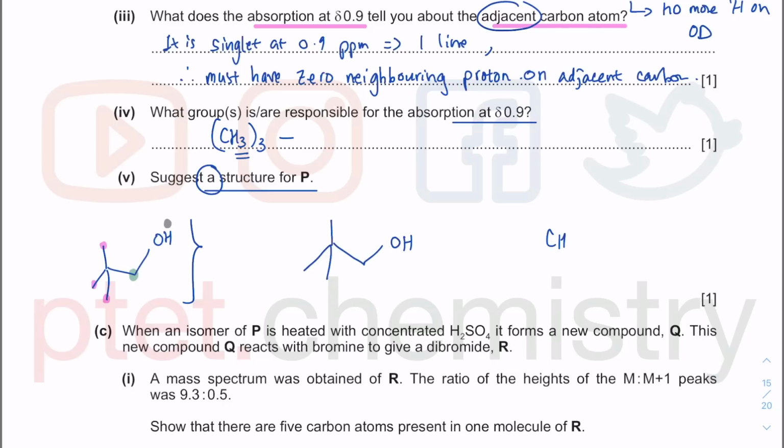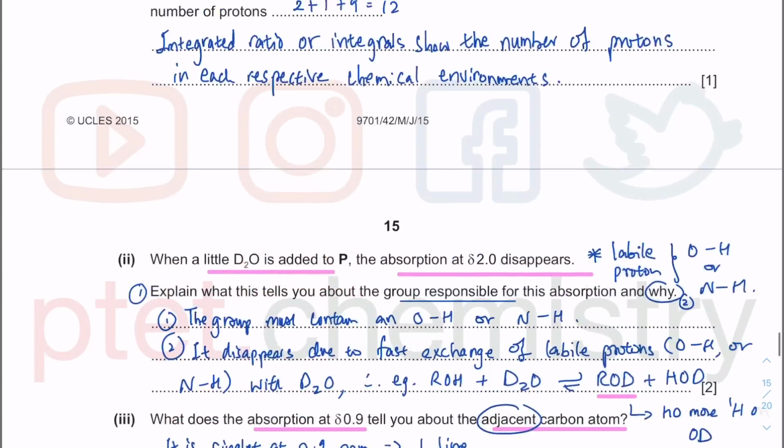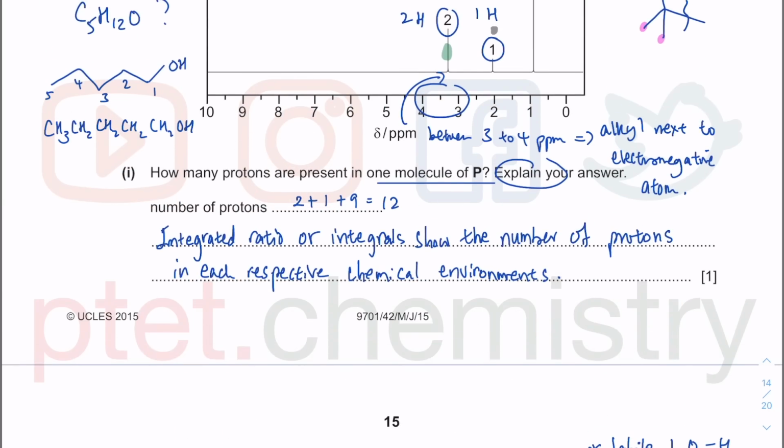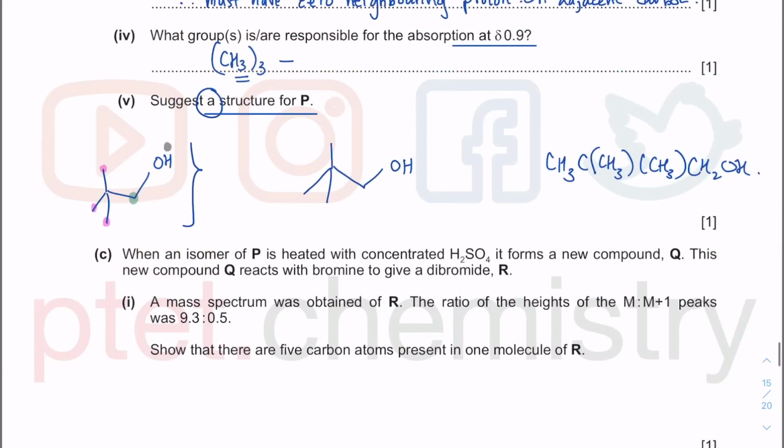If you draw structural, straight chain 1, 2, 3. So CH3C, draw the branch in a bracket, then you have CH2OH, something like that. What you cannot do is write the molecular formula like C5H12O. You cannot do that because that is not what they want. They want the structure.